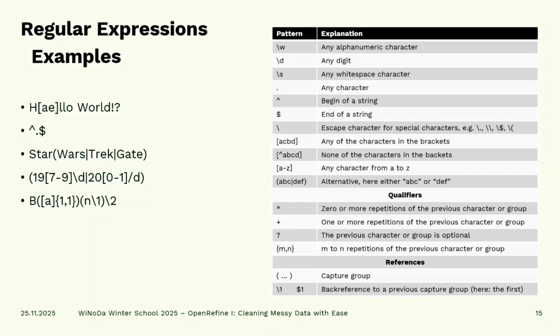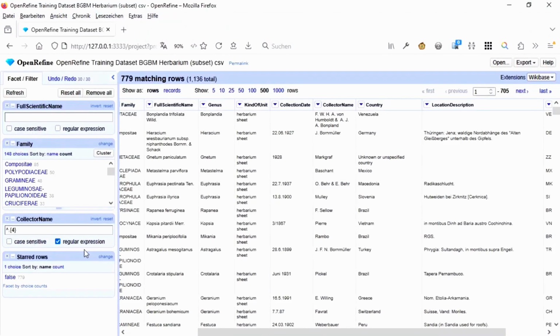So where to type these things in OpenRefine? If you're on that interface, if you have a search field, you can check this regular expression and it will then accept regular expressions and evaluate them as such.